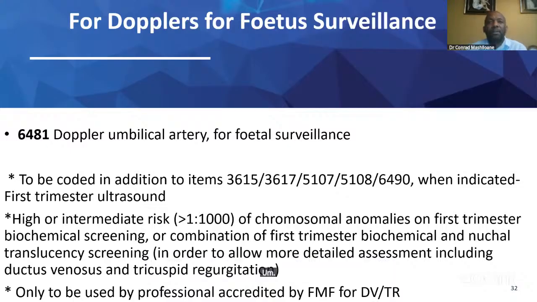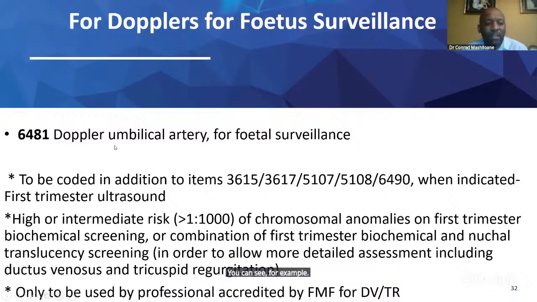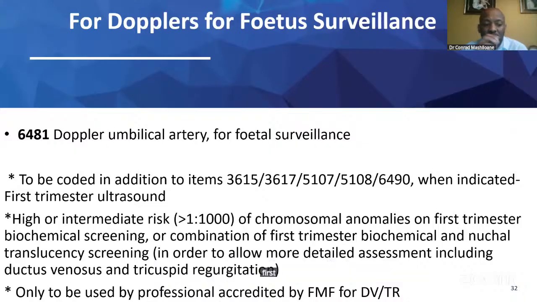So, for example, the gynecologists developed their own ultrasound codes and own Doppler codes. You can see, for example, 6481, Doppler umbilical artery, is a frequently used code. Even if you don't bill for it, we're actually performing it. It's an important study in patients where you suspect first trimester issues or late trimester issues.